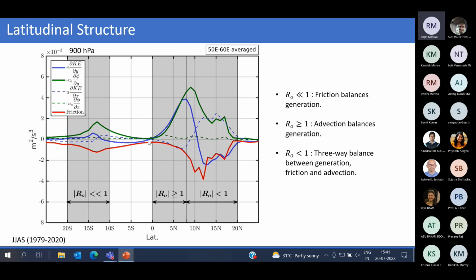So the advection term dominates, and this advection term balances the kinetic energy generation, this green curve, and the frictional term is small. But going further poleward, this frictional term starts becoming important as the jet becomes zonal. And then we have a three-way balance between friction, advection, and the generation term.